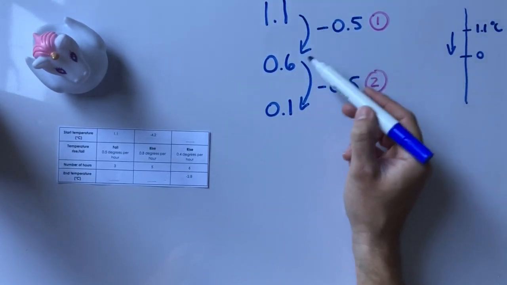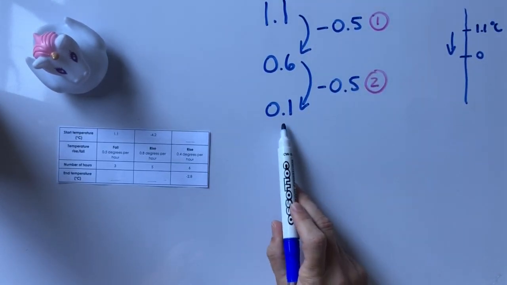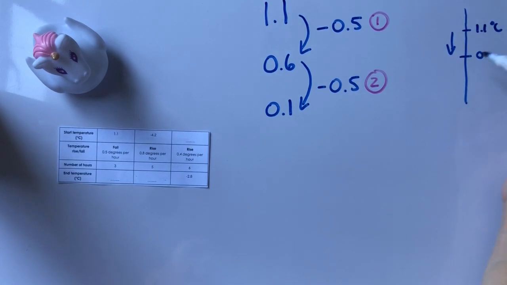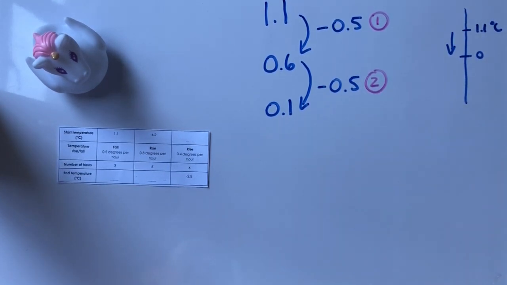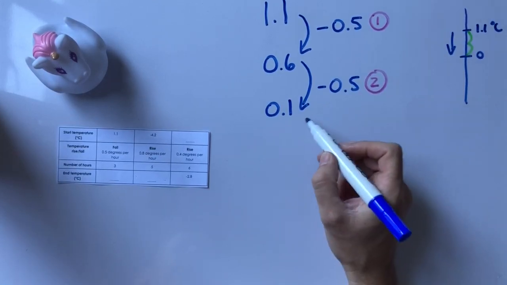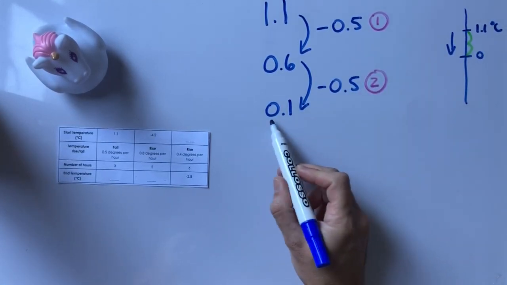Okay, so now I've dropped 2 times, and I'm at 0.1 degrees Celsius. So this is still greater than 0. So I dropped once and dropped twice, and I'm still before the 0.